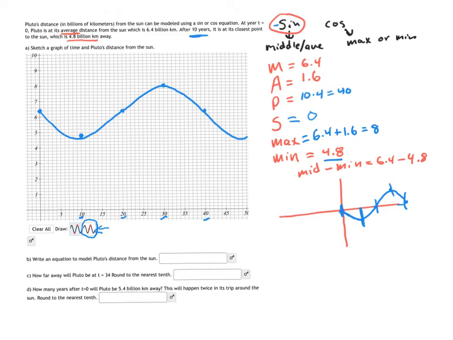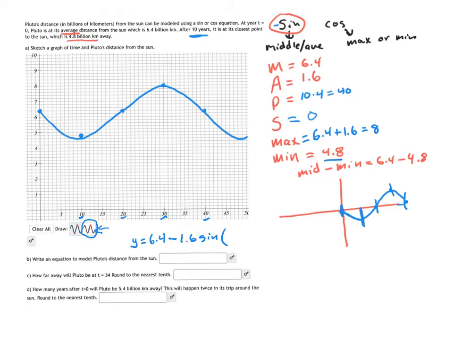So to write the equation, and I'm just going to write it right above here so I have a little more room, is going to be y equals. Make sure you put the y equals in there because you're writing an equation. Then we have the middle, which is 6.4. Since we said it was a negative sign, it's going to be minus 1.6 times the sine of.